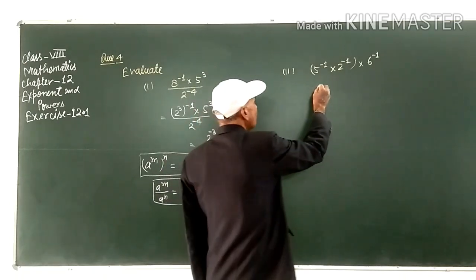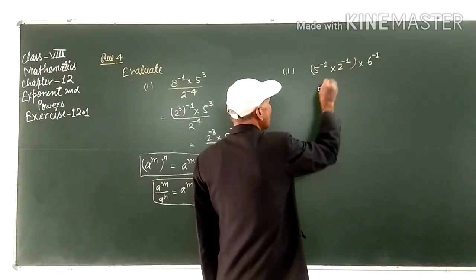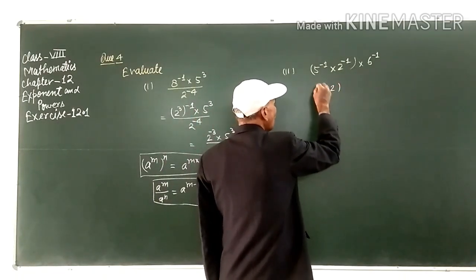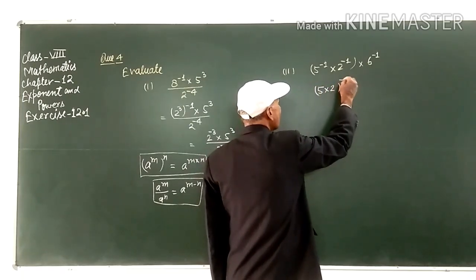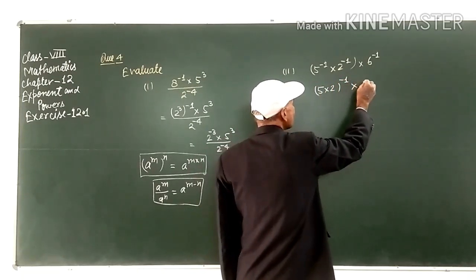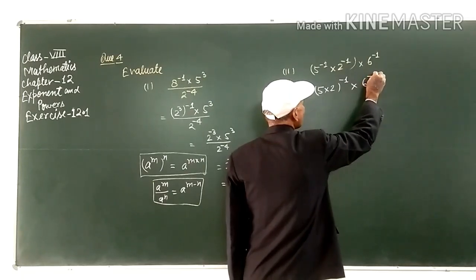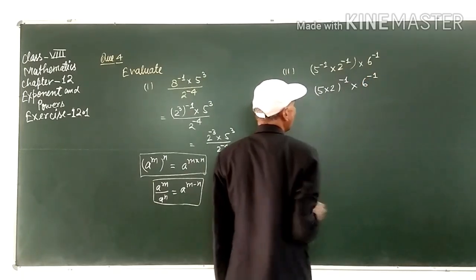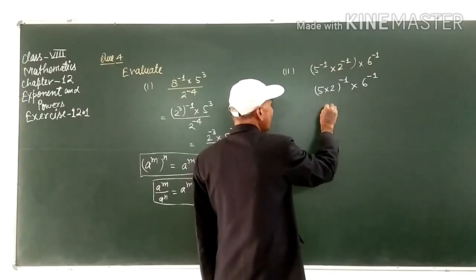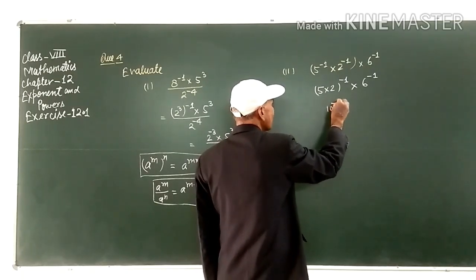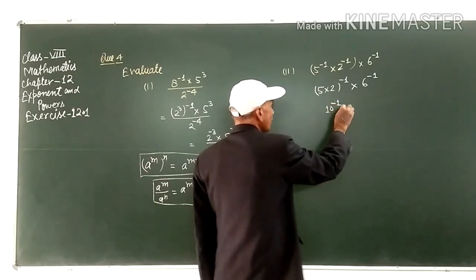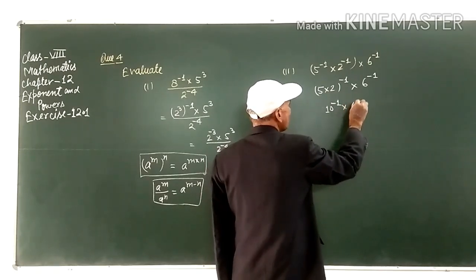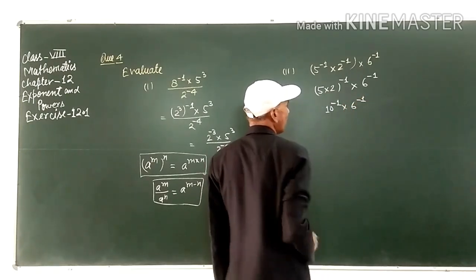Clear? So we have to write this as 5 into 2 whole power minus 1, into 6 to the power minus 1. So it will be 10 to the power minus 1 into 6 to the power minus 1.